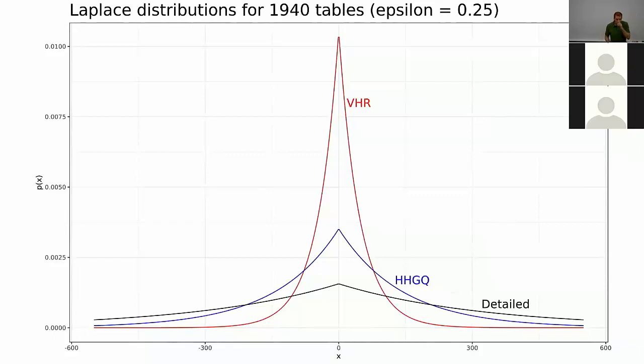The blue curve is the noise that they would have drawn for the HHGQ table, and the black line, the most spread apart line, is the Laplace curve for the detailed table that they developed. As epsilon, the global privacy loss budget, grows, so goes from 0.25 to say 4, all of these curves will essentially get narrower, right? The spread will decline, and the possible numbers you can draw out will shrink.